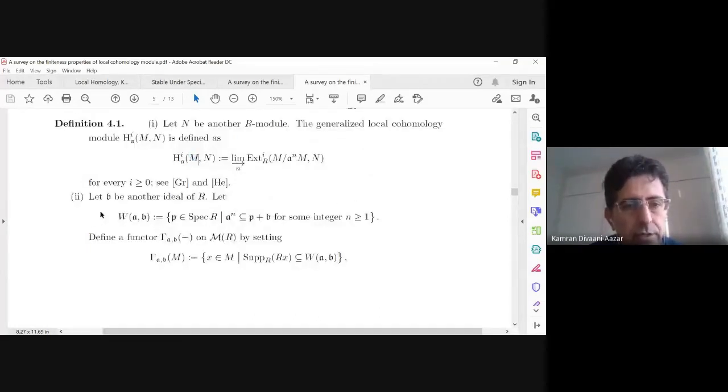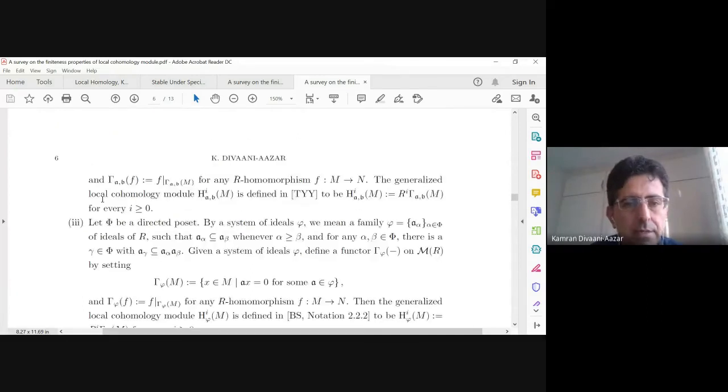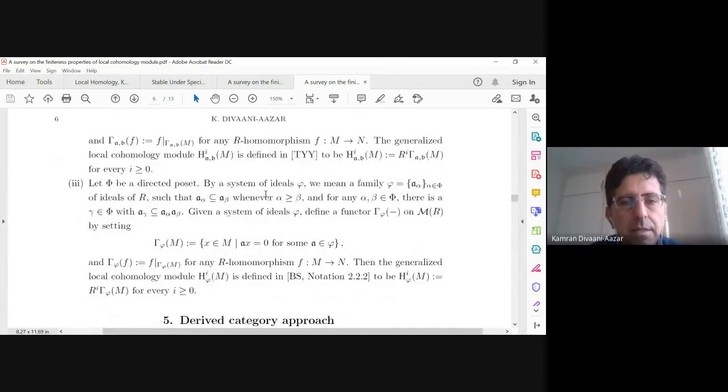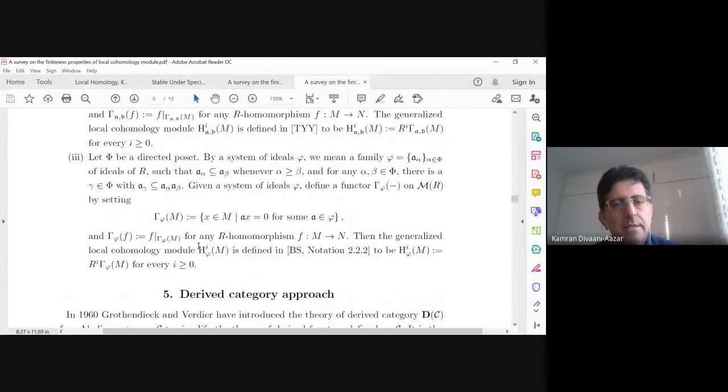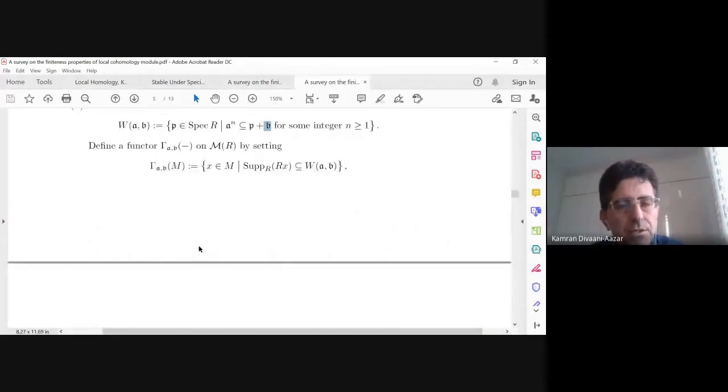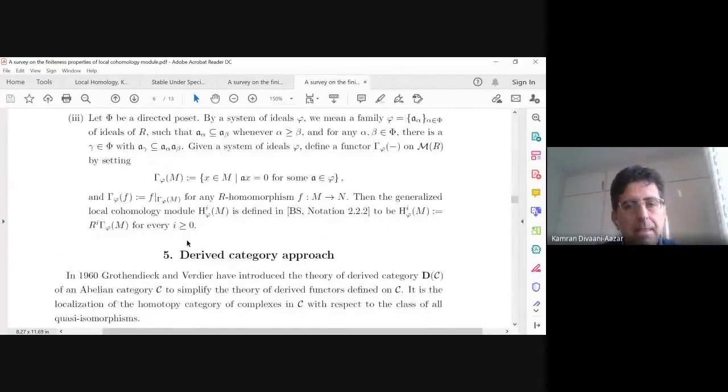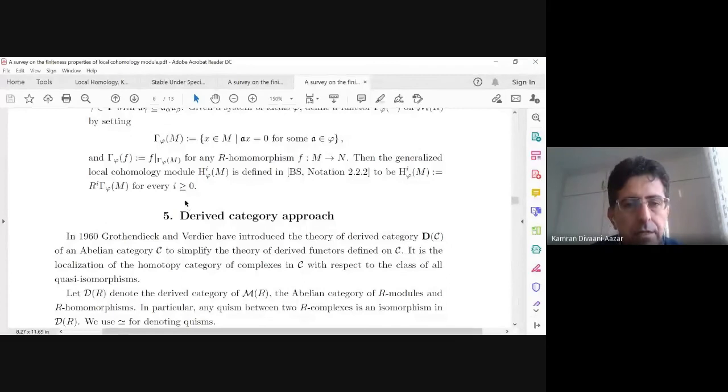In the second generalization, if we take B to be 0, then again we recover the local cohomology with respect to A. And for the third, as I said, if we take phi to be the set of all powers of a given ideal A, we can recover the ordinary local cohomology. So very easily, all of these three are generalizations of ordinary local cohomology. In the next session, I am going to present a generalization that covers all of these generalizations.